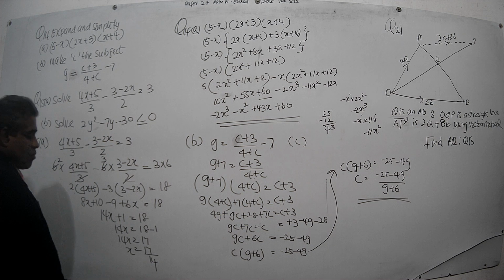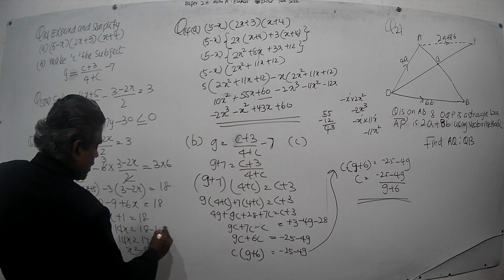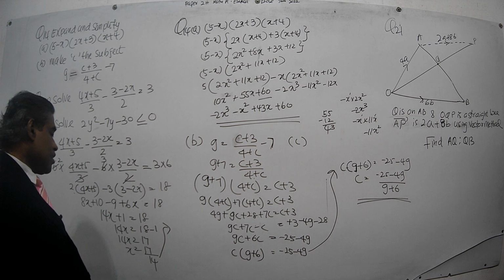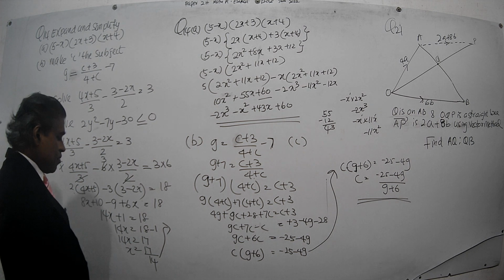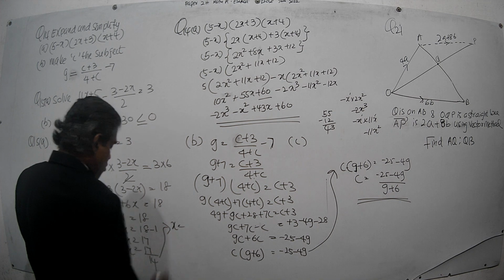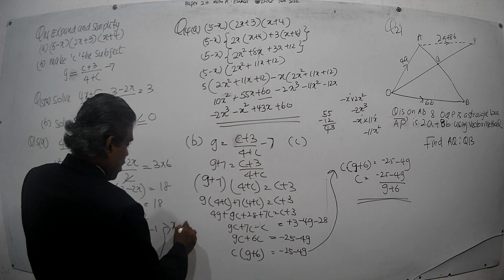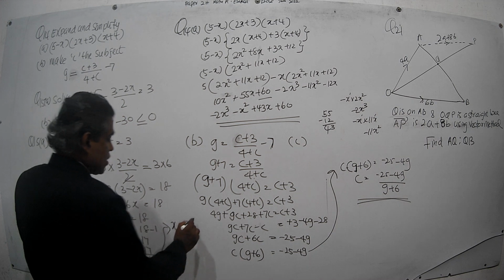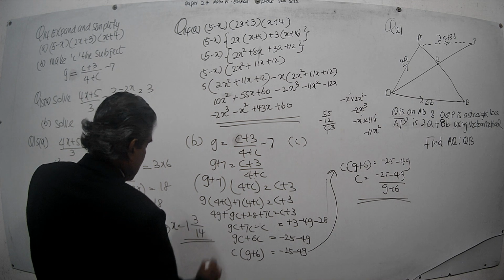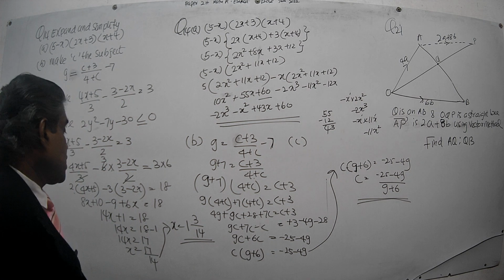This is an improper fraction. You can convert it into a mixed number or a proper fraction. 14 times 1 is 14, then 3 is left. 3 over 14. Okay. This is the answer. x equals 1, 3 over 14.